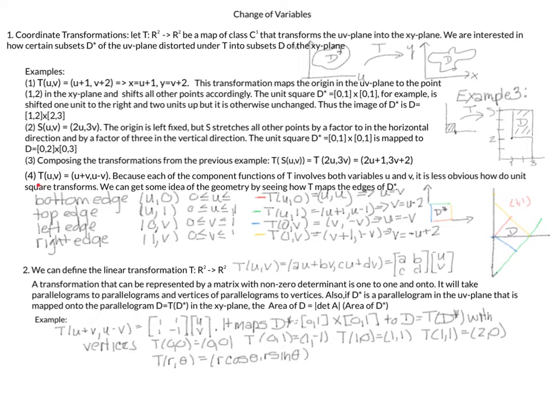And for our example, we'll use our previous example here. T of u, v is equal to u plus v, u minus v, and we can represent that with this matrix 1, 1, 1, negative 1, and you can see that that would be u plus v, and then u minus v.